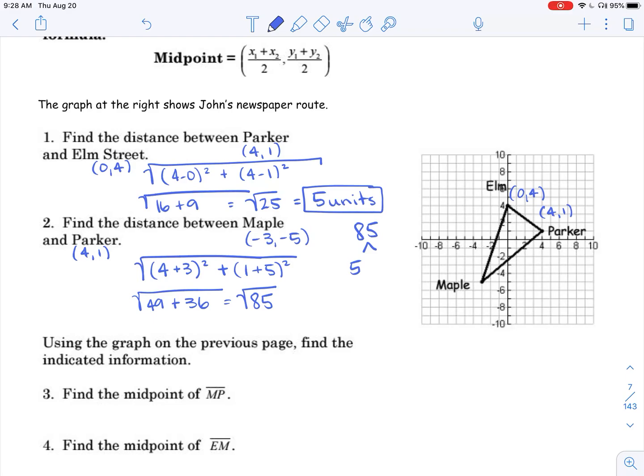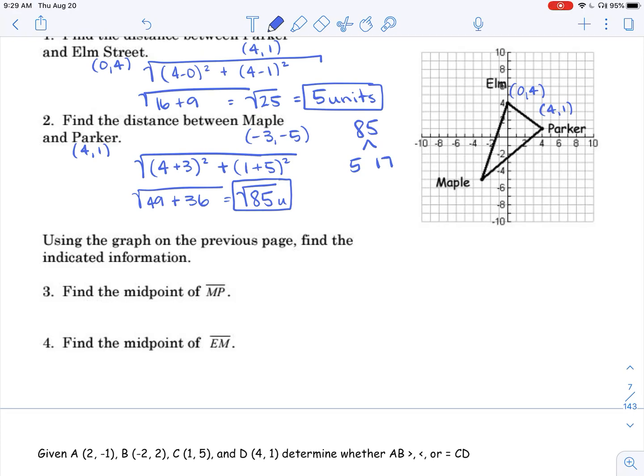I can't think right now. Okay, 17. Yeah, 75 gives you the 15. 17 is prime, 5 is prime, nobody goes anywhere, so this will stay as the square root of 85. And I'm going to go ahead and put a little u after it for units.